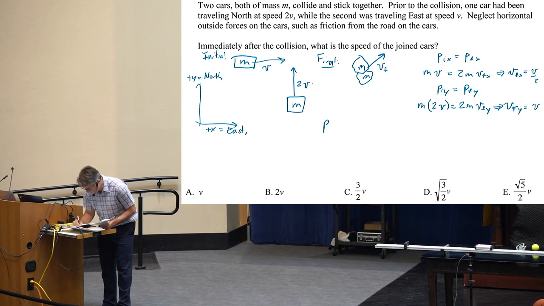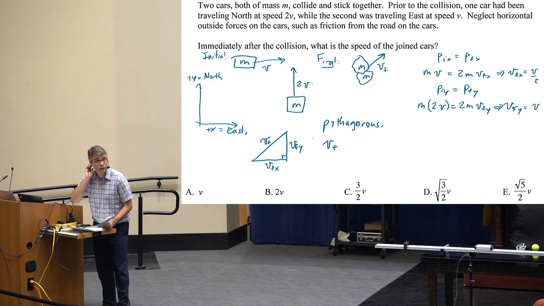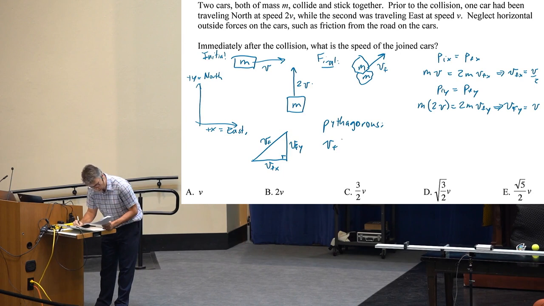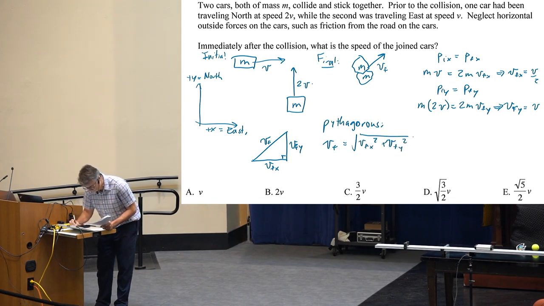And then we can use Pythagoras. We have the two components. So I've got V final. Remember, it's sort of like this. Here's your V final. Here's your V final y. And here's your V final x. And here's a right angle. I don't know what the angle is, but I know that V final squared equals the components squared, and then you can take the square root, I guess. So V final x squared plus V final y squared.